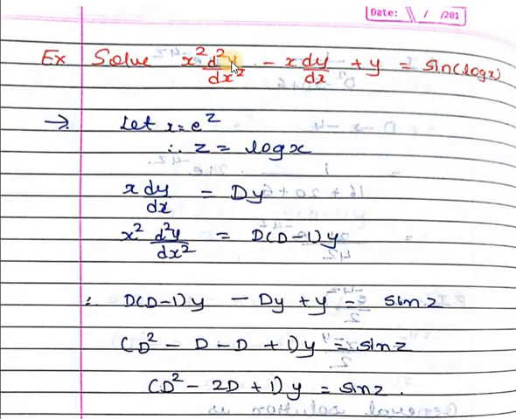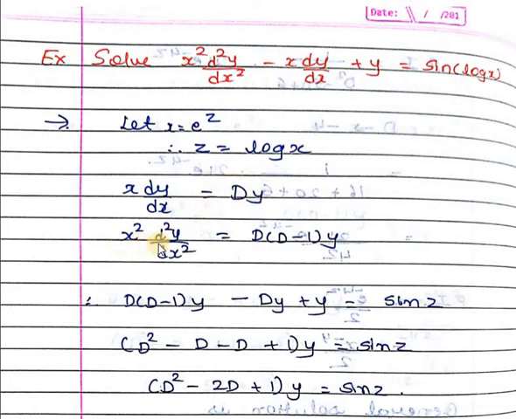Solve x square d square y divided by dx square minus x dy by dx plus y is equal to sine log x. So here, as you can see, the given equation is Euler-Cauchy equation. For that, first of all, suppose x is equal to e raised to z. Then z is equal to log x. Now x dy by dx will be converted into capital Dy.